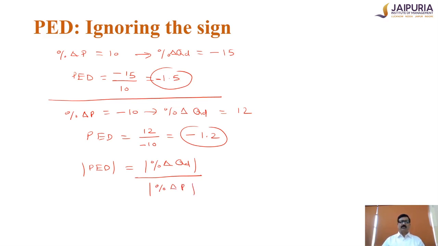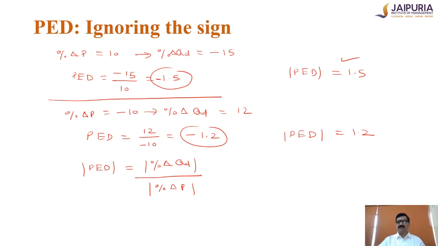So in this case, we ignore the sign and we simply measure the absolute value of price elasticity of demand. So in above cases, ignoring the sign, PED is equal to 1.5 in the first case, and in the second case, absolute value of PED is equal to 1.2. So elasticity is higher in the first case because it is 1.5 than second case where PED is 1.2.